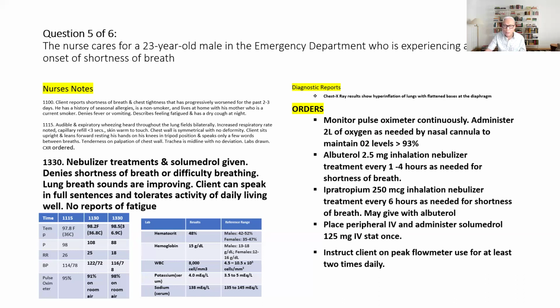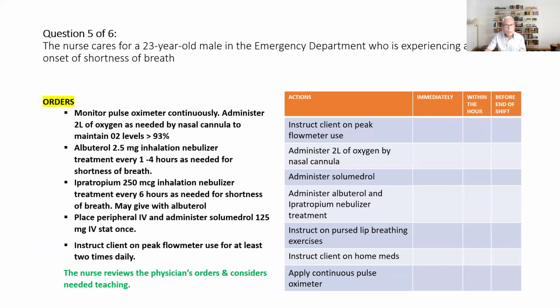So the question now is, if you are going to do all these actions, will you do them immediately? Will you do them within the hour? Or would you wait till the end of the shift? So they're trying to see whether or not you can prioritize. So let's answer that question.